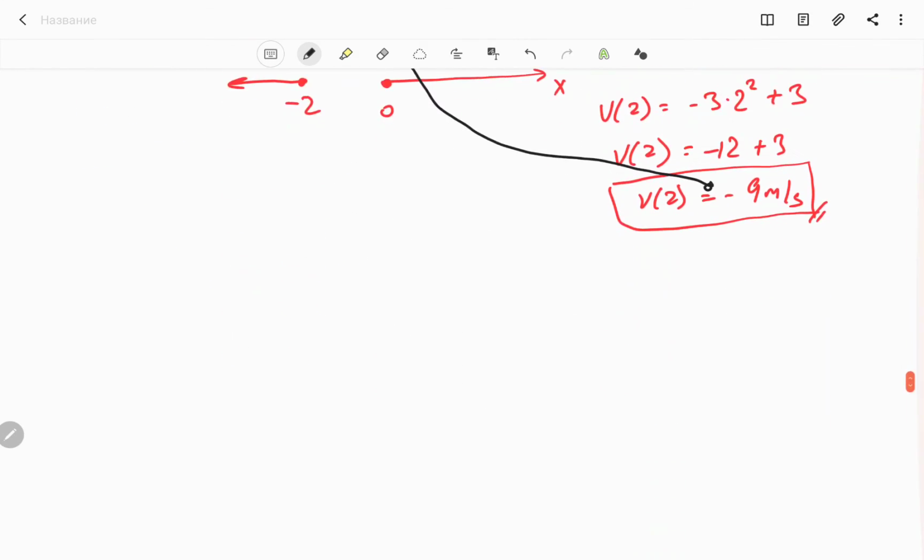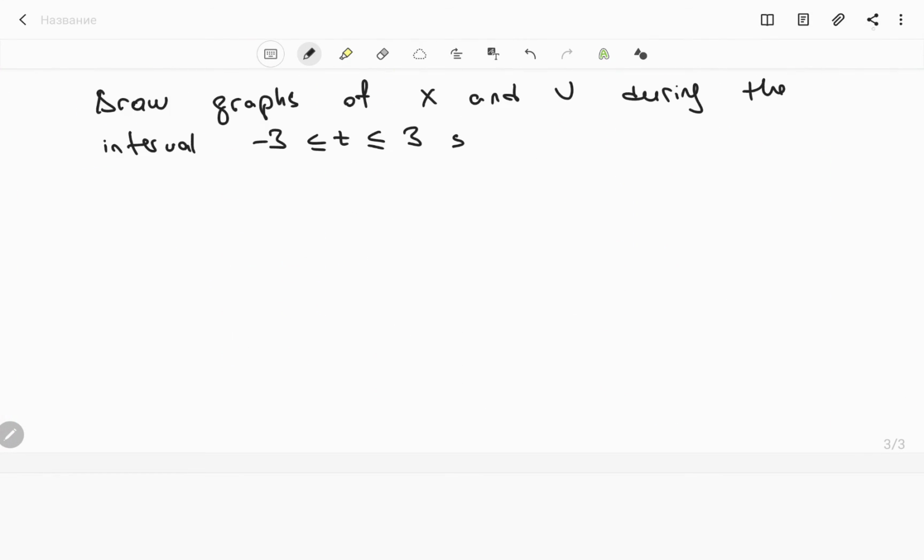And let's continue this problem. So question is, draw graphs of x position and v velocity during the interval negative 3 to 3. So how can we draw it? First of all, we should find position at these time intervals. So x, we know, equal to minus t to the power of 3 plus 3t.